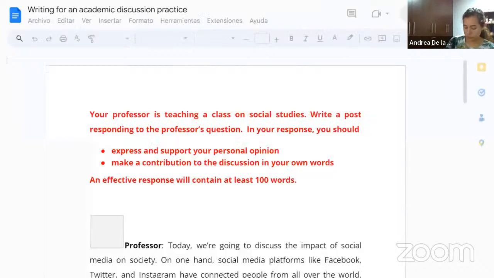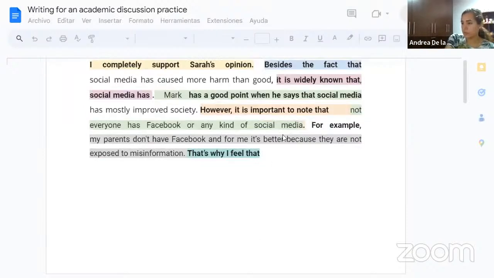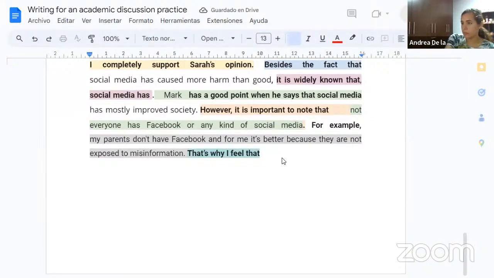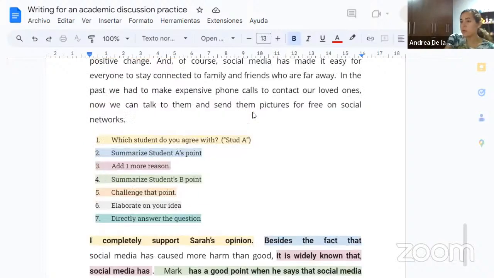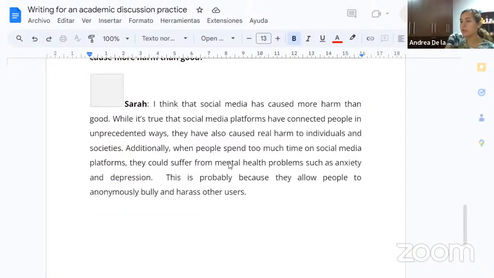Okay, perfect. So let's check. All right. So we have, I completely support Sarah's opinion, great. So you're saying that social media has caused more harm than good.